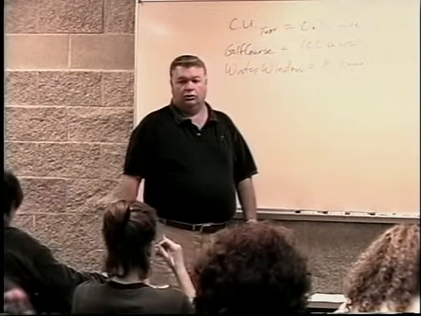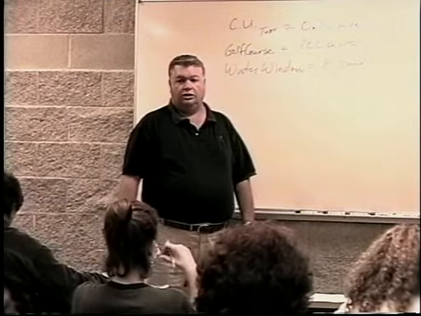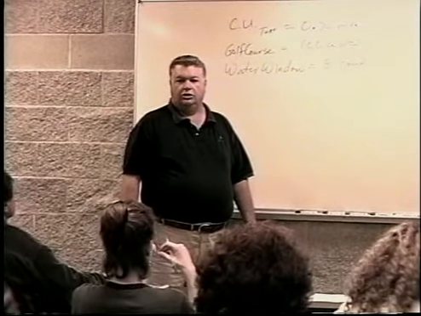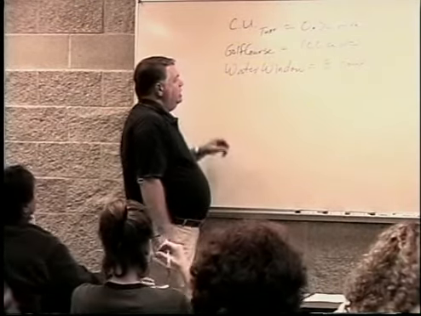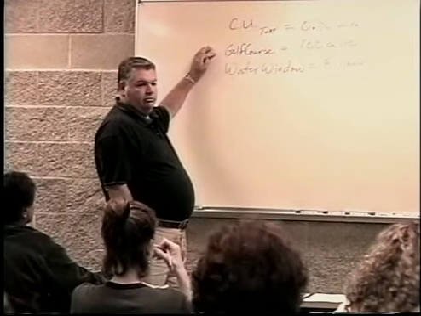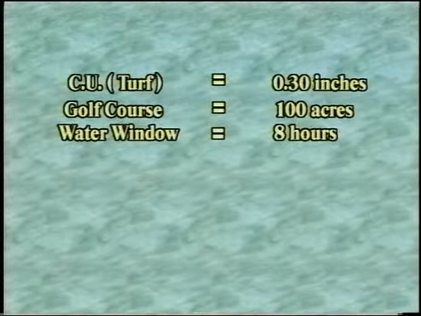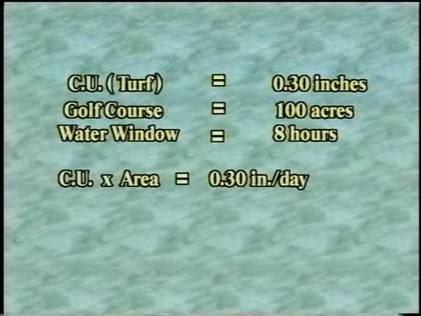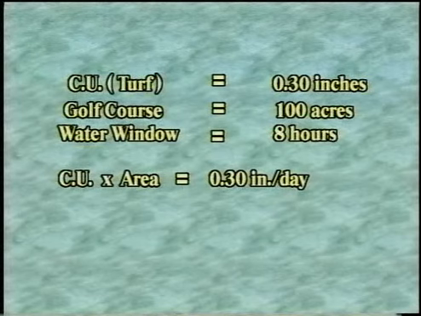So these would be our parameters. Now we simply have to do a little mathematical calculation to get ourselves there. Looks pretty easy, doesn't it? Can we do this? Well, let's see what we got. We can convert this to acre inches, can't we? So we know that we take the CU times the area, and that will give us the volume for the day.